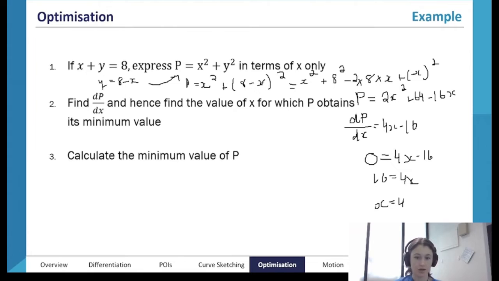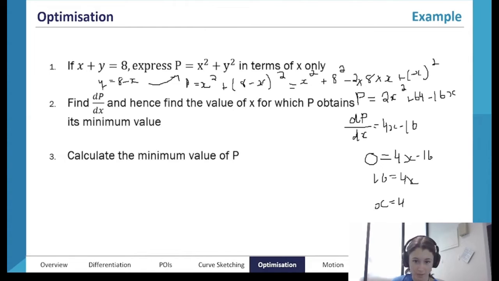But the typical way to do this, because you're most likely not going to get something as simple as a quadratic, is to use a second derivative test or to use the table of values, like we were doing before when we were determining the nature of a stationary point. So our second derivative test is what I'm going to do.